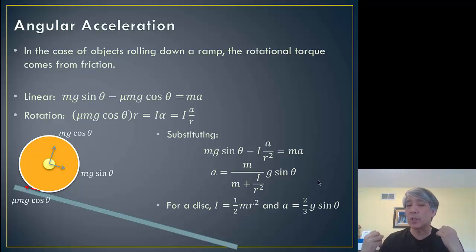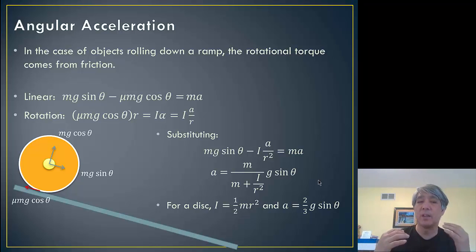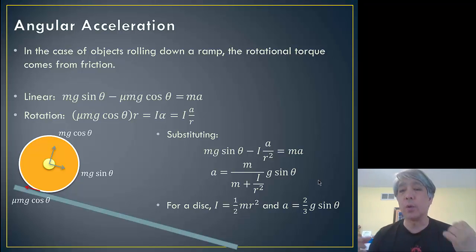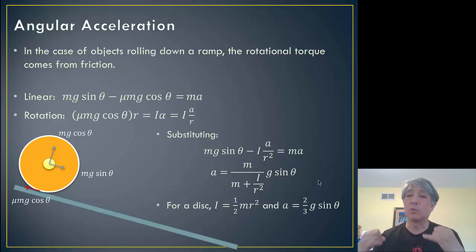Friction is always going to slow you down. And in this case, it slows me down to 2/3 g sine theta. It's only 2/3 because my object was a disk that has a moment of inertia of 1/2 mr squared. If it was a ball or a hoop or something else that has a different I, it would have a different a. So don't just memorize that equation.